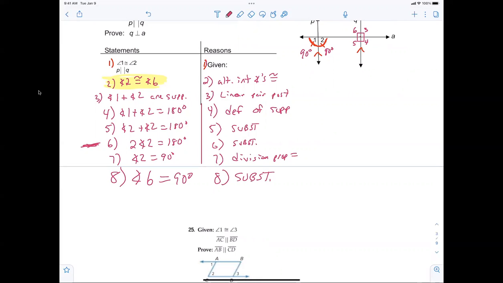So now what can we say? Believe it or not, you can now say Q is perpendicular to A. And again, I would just say that's the definition of perpendicular. Two lines that intersect to form a right angle make them perpendicular.